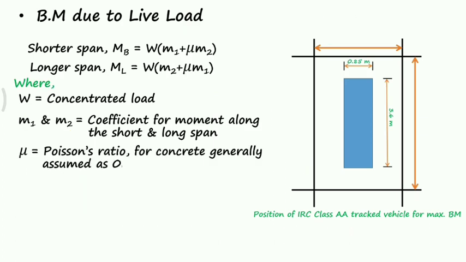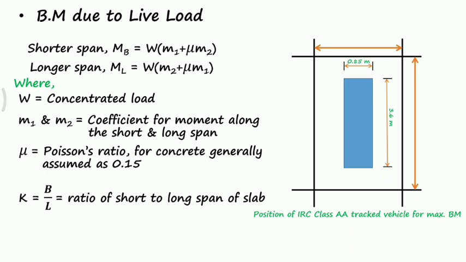Mu is Poisson's ratio for concrete, generally assumed as 0.15. The values of the moment coefficients M1 and M2 depend upon the parameters u by B, v by L and the value of K. K is B by L, which is the ratio of short to long span of the slab.